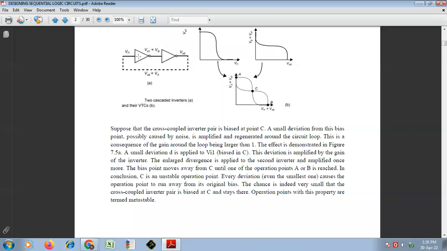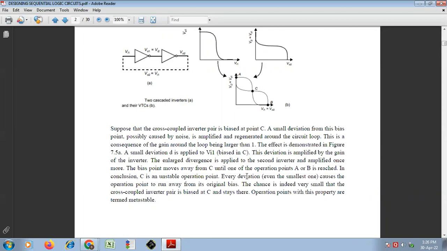The output of the first inverter, which is already deviated, gets enlarged and amplified again, and it is then input to the second inverter, where it gets amplified once again.